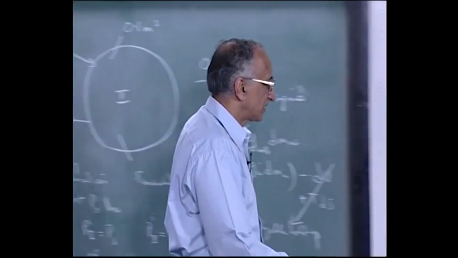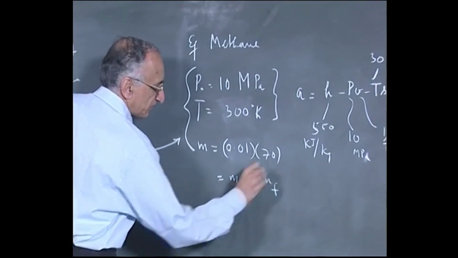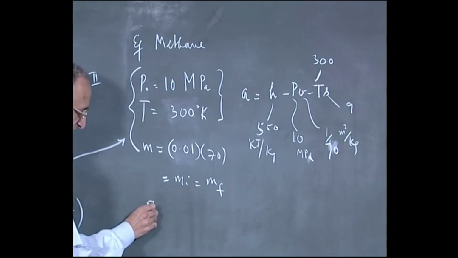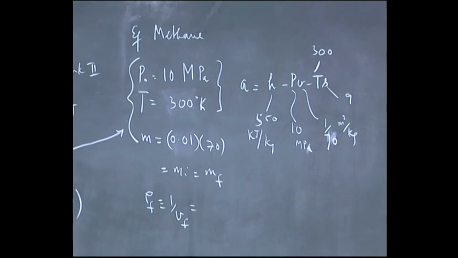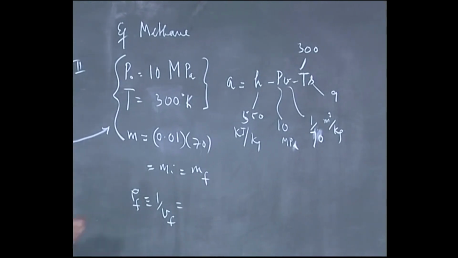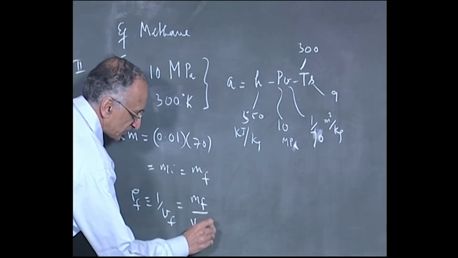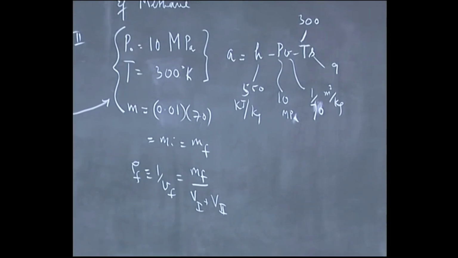So mf is the same as m initial. The final density rho f, or 1 by Vf, is simply mf divided by V1 plus V2. So it is 1/11th of the initial density.